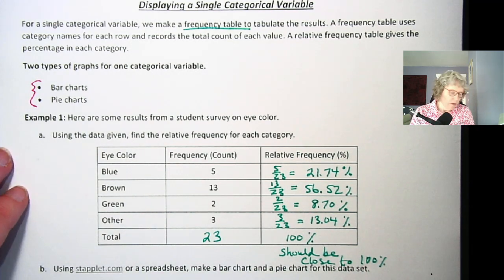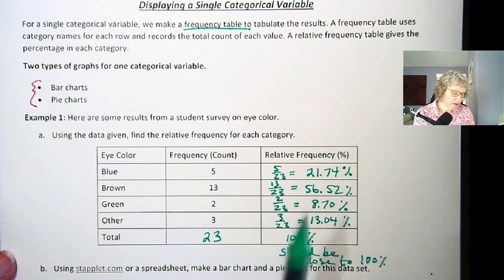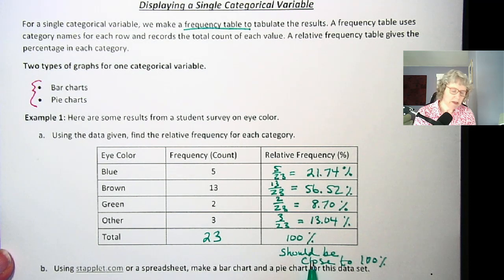So we now know what a count is, frequency or count, and then a relative frequency. And we saw relative frequency on the histogram as well when we changed the scale to a percentage.